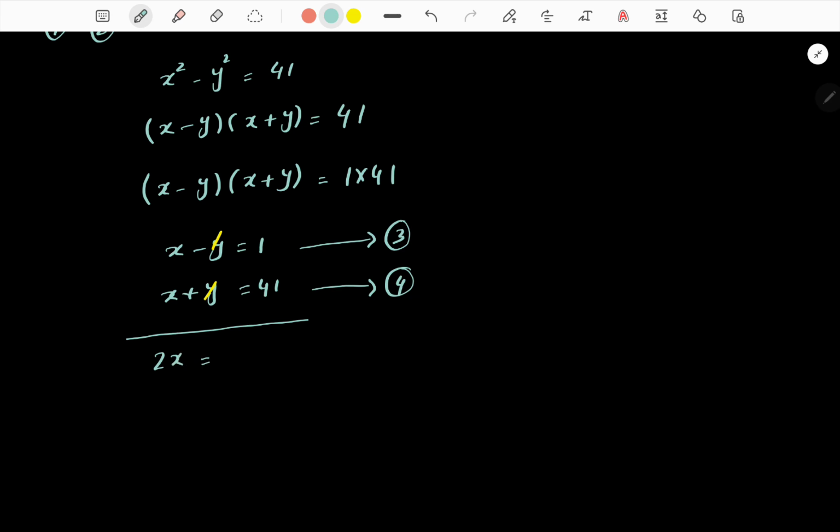and we will get 2x is equal to 42, and from here x is equal to 21, which is the first value of x.